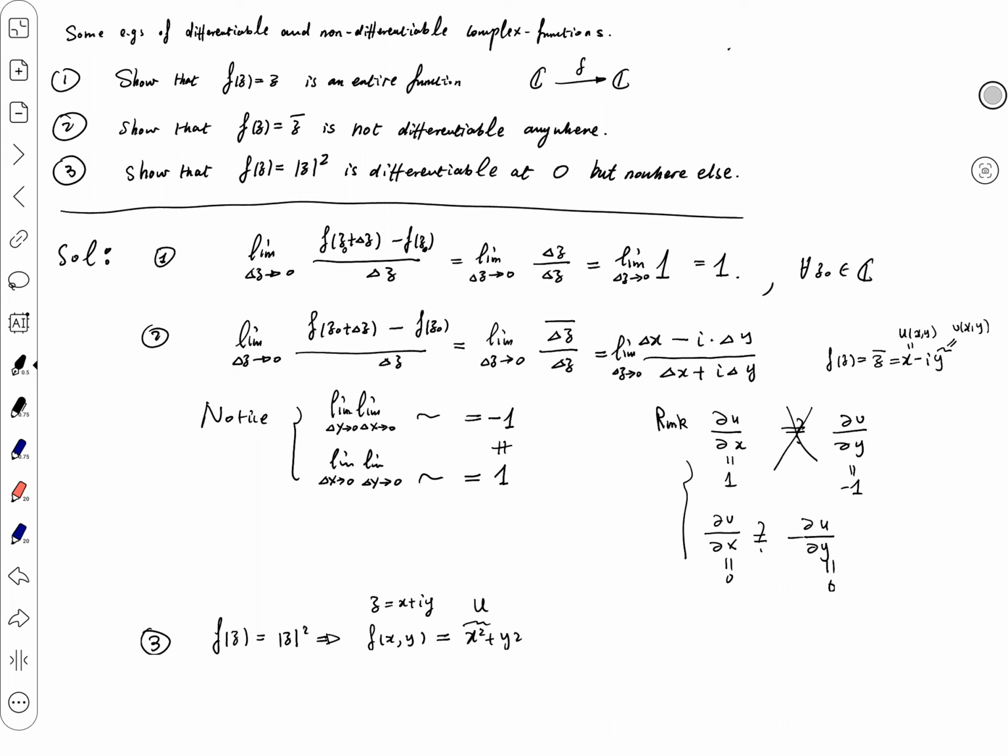So this is our u. There's no imaginary part, so the v equals 0. Okay.